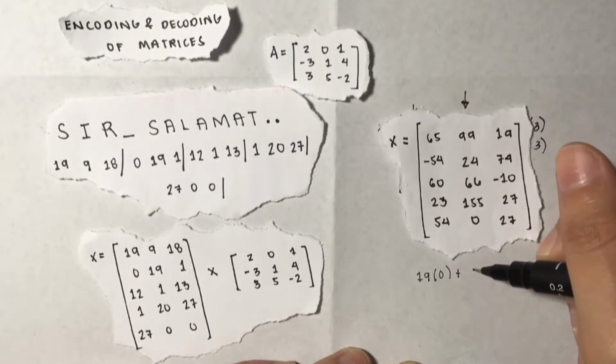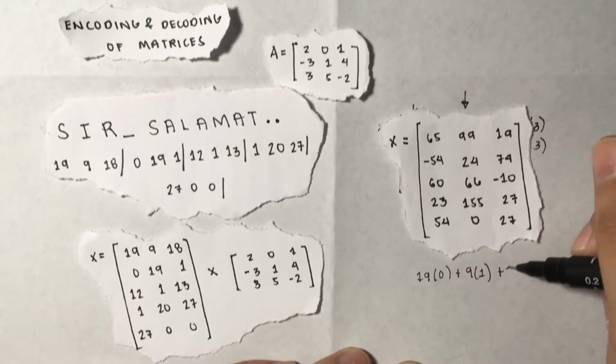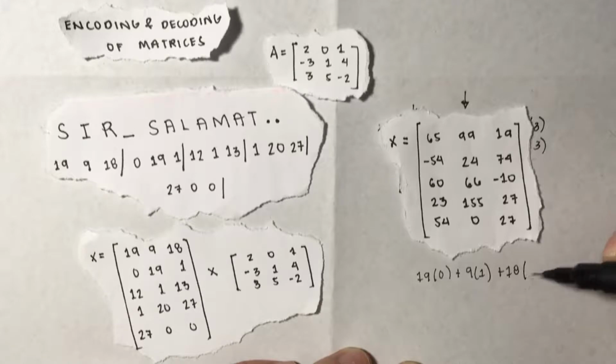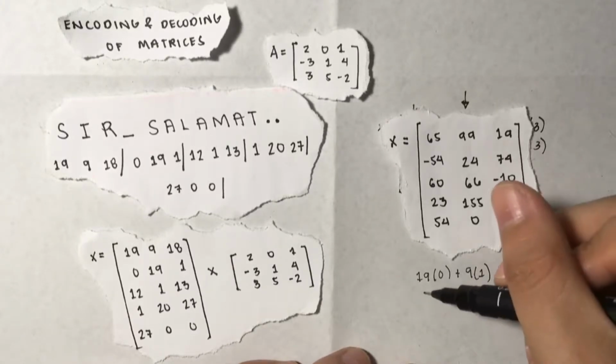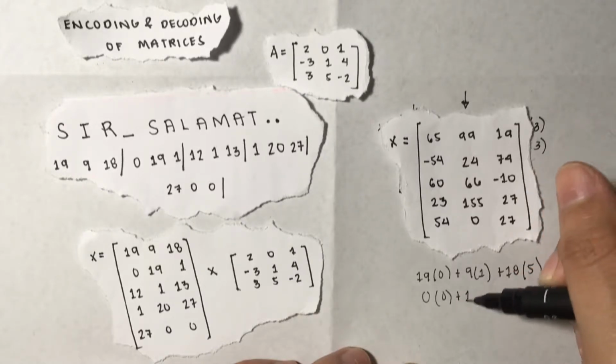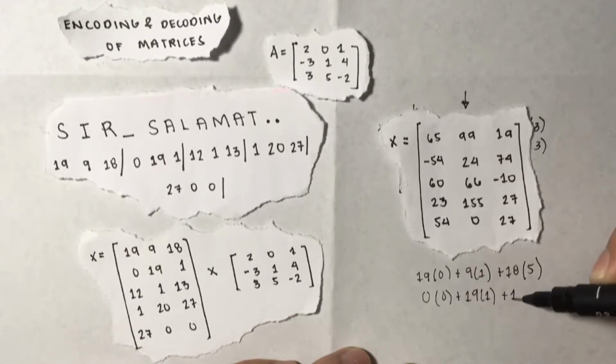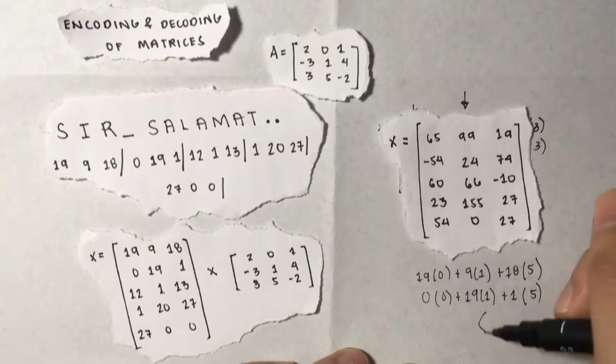Then we will multiply it to the second column found in the encoding matrix. We will keep on doing this until we finish all the rows found on the translated message. So yes, and then we'll continue this until the end.